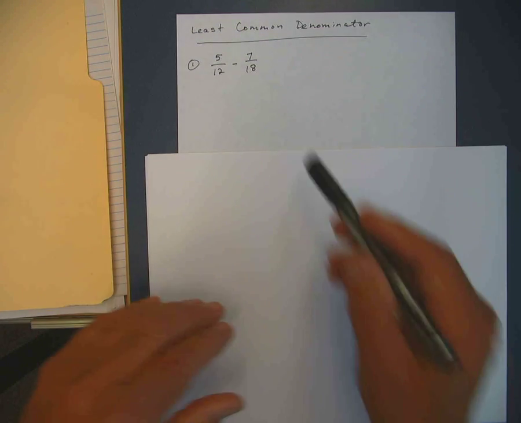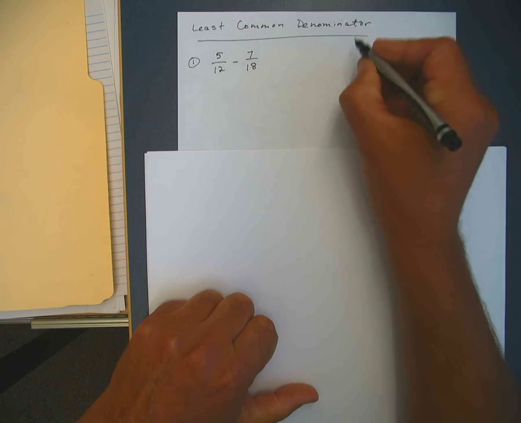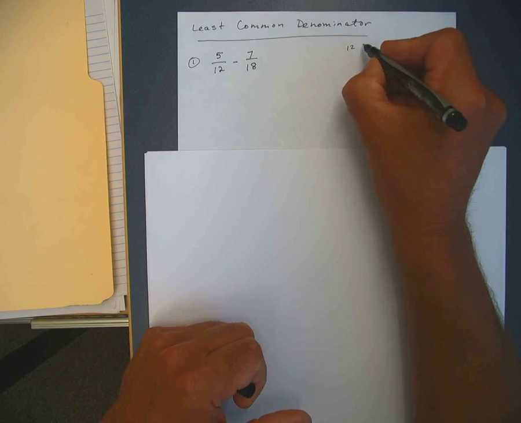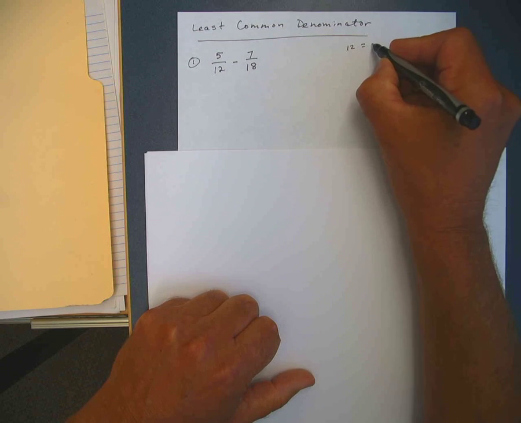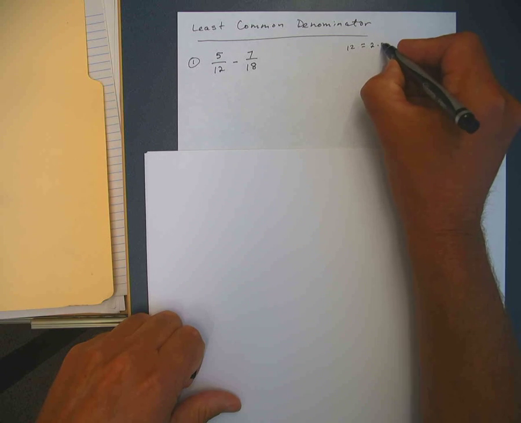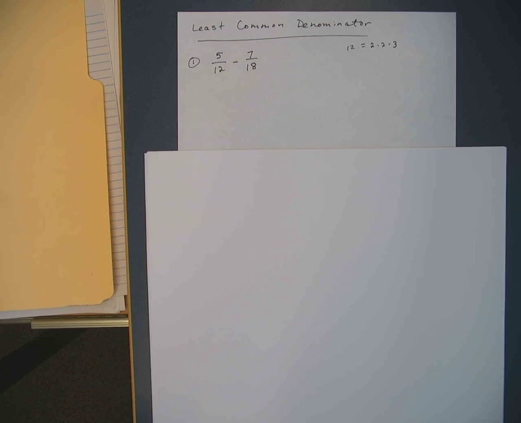So I want to look at a method where you can find a common denominator, and what I recommend you do with numbers, and with rational expressions we'll do the same thing, is take the number and find the prime factorization. 12 is 2 times 6, and then 6 has factors of 2 and 3. So the prime factors of 12 would be 2, 2, and 3.